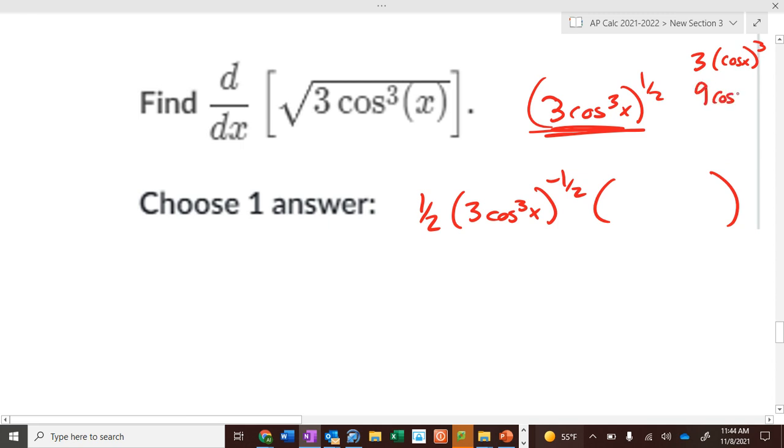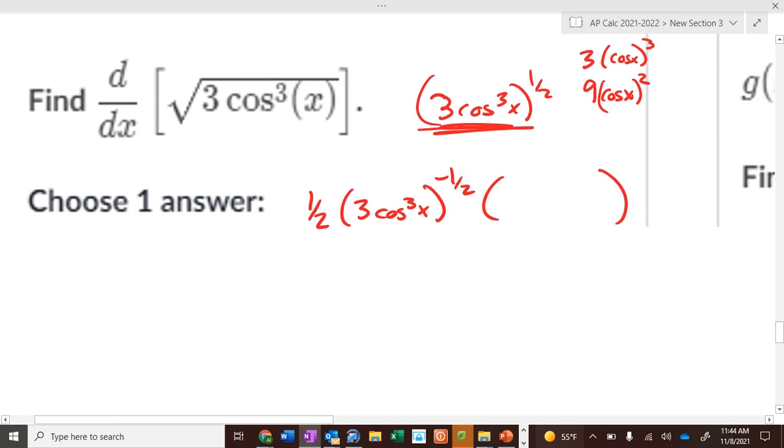9 cosine of x squared times the first derivative of the inside of that, which is negative sine of x. So it's negative 9 cosine squared of x sine of x. That's what the first derivative of that inside part is.